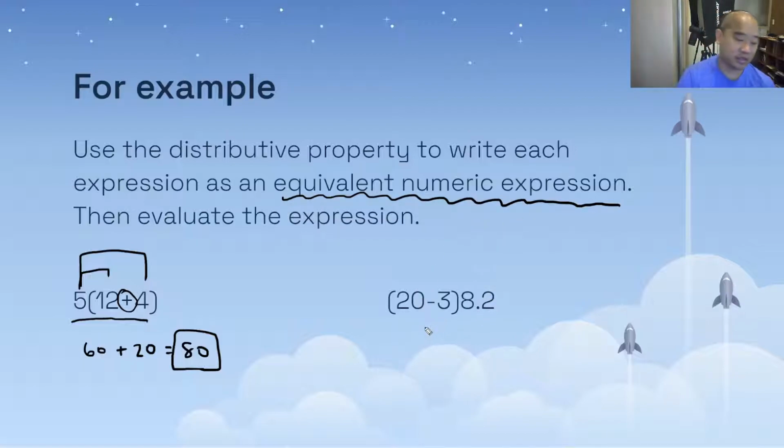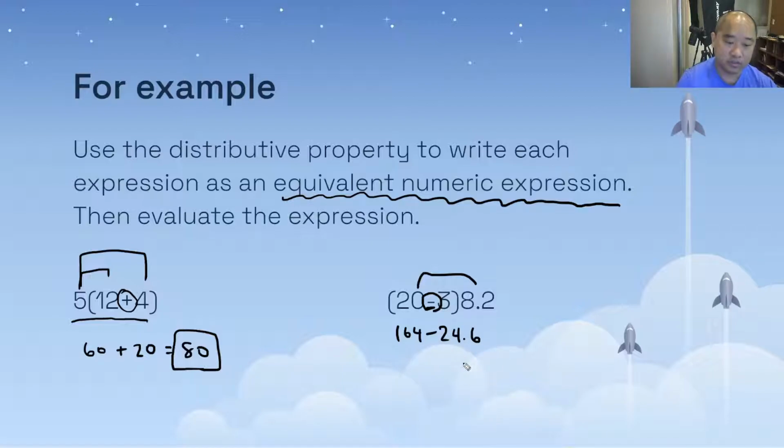Okay, so we're going to do the same thing here. I'm going to get on my calculator because that's how I roll. 8.2 times 20 is 164. And we're going to subtract 8.2 times 3, which is 24.6.